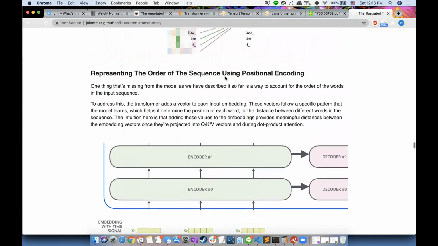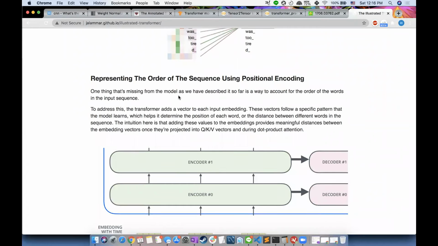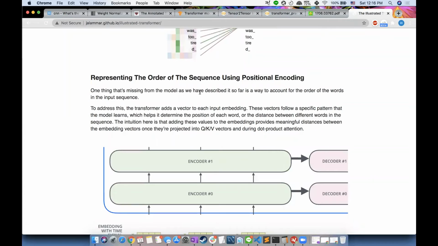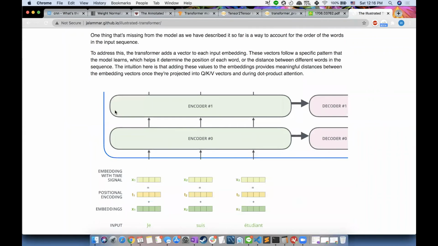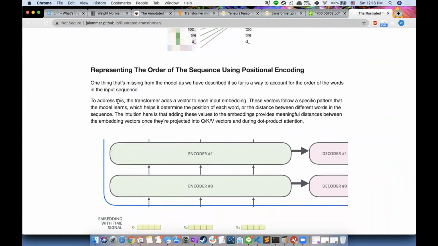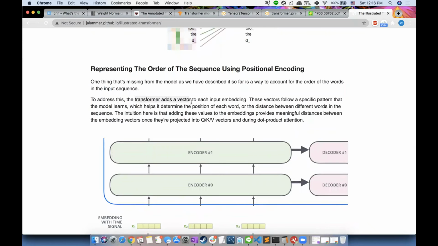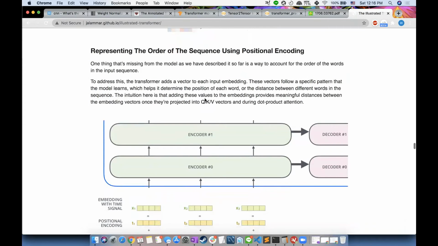So the reason why we want to add position encoding is that the sequence or the order of the words in an input sequence is missing. So we need to add the position of each word in the input sequence or sentence into the embedding. To address this, the transformer adds a vector to each input embedding.